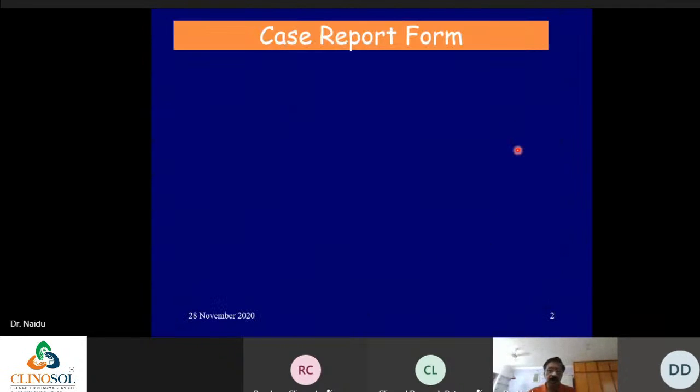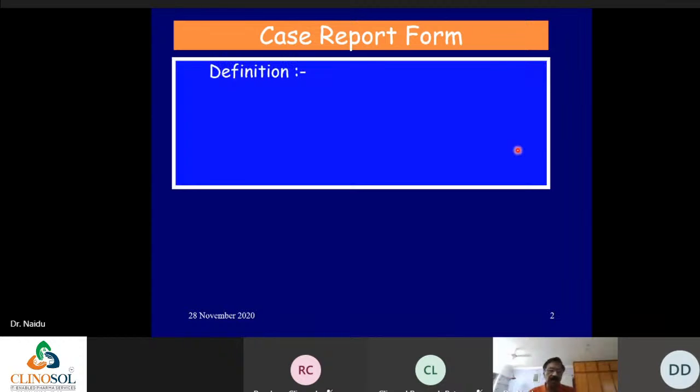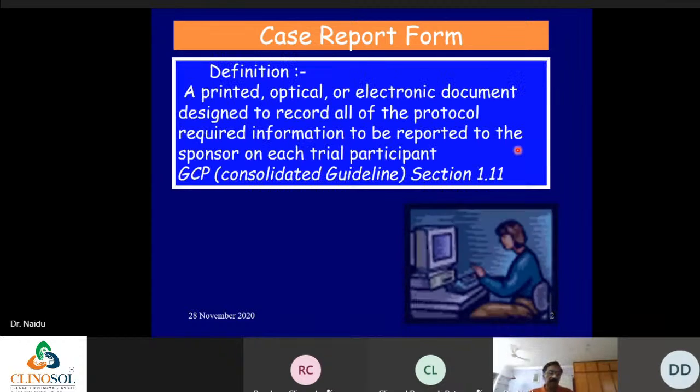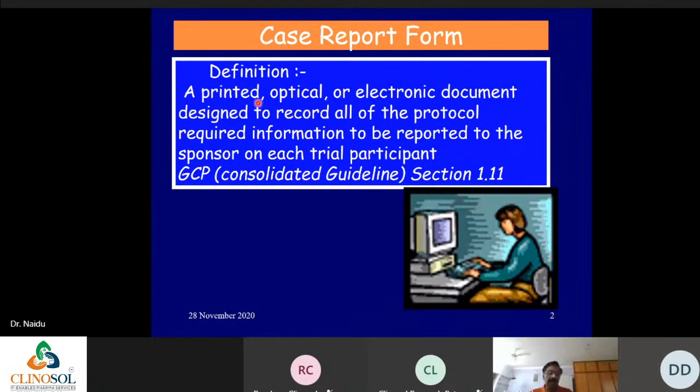Now, coming to the case record form, let us try to understand what it is and what the definition is. It is a printed, optical or electronic document designed to record all of the protocol-required information to be reported to the sponsor on each trial participant.